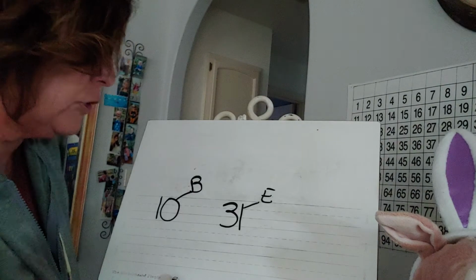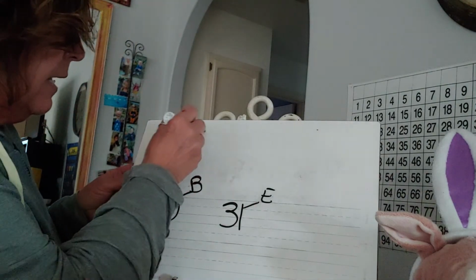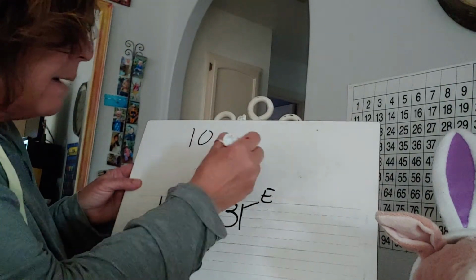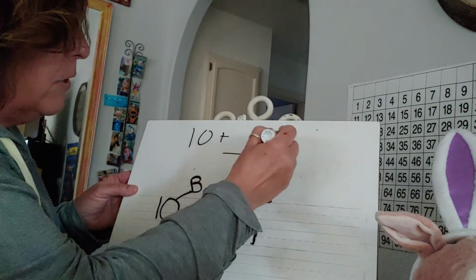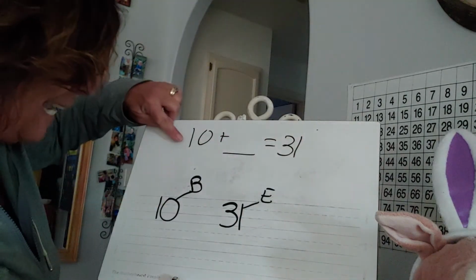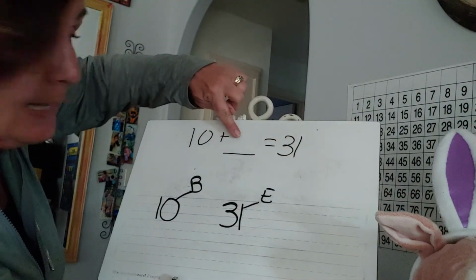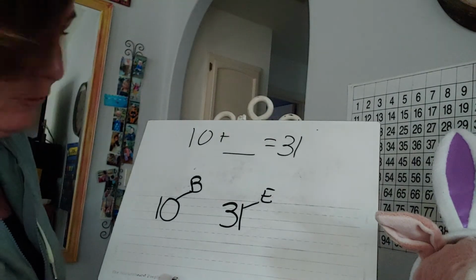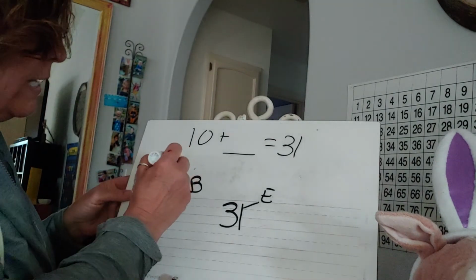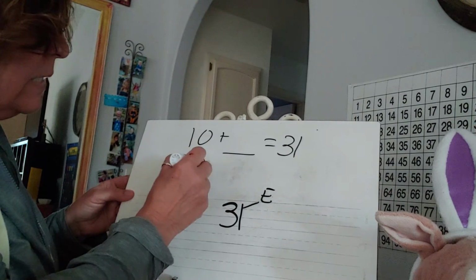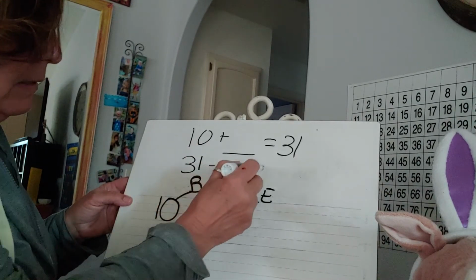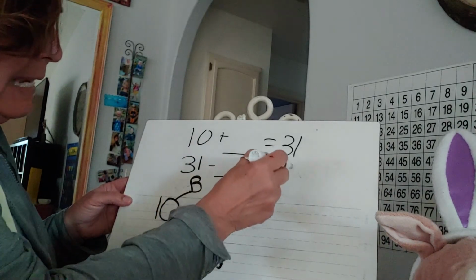So what we can do is we can say 10 plus something equals 31 because he had 10 and then he added how many that he collected and that would give him 31. We can also say 31 take away something equals 10.